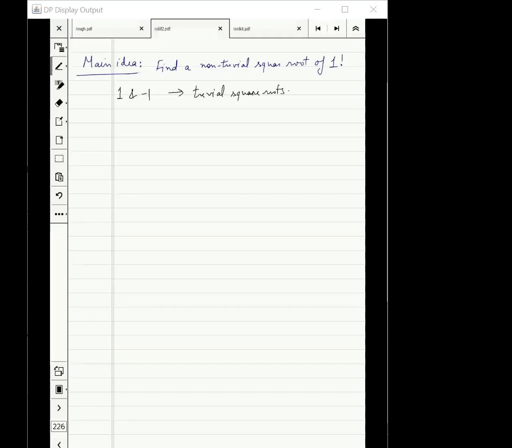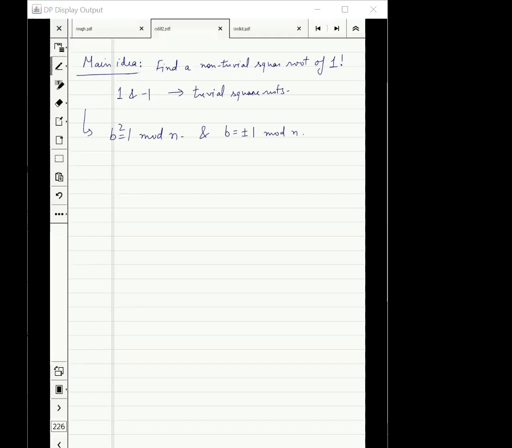So I'm looking for b such that b squared is equal to 1. This is happening mod n. Remember that. I'm looking for a number b such that b squared is equal to 1 mod n and b is not equal to plus minus 1. The claim is if I can find such a number, then I can factorize.